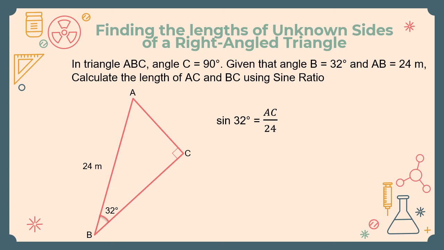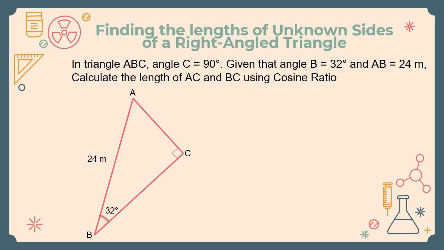So the opposite side is AC, then the hypotenuse is 24. So AC now is equal to 24 sine 32, which is equal to 12.72 meters. So therefore, the value of AC is 12.72 meters.